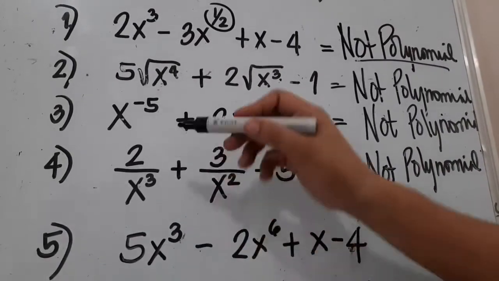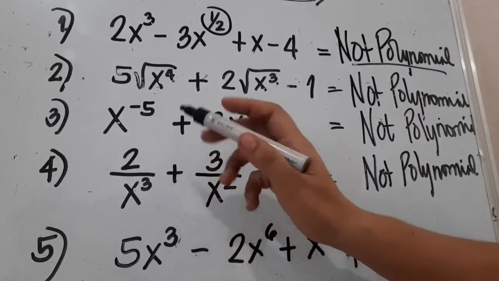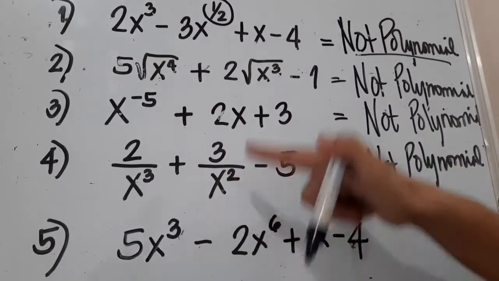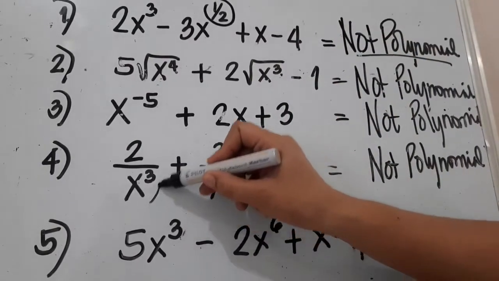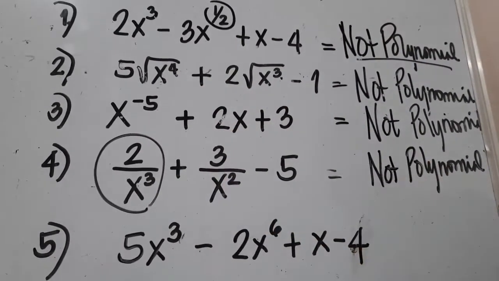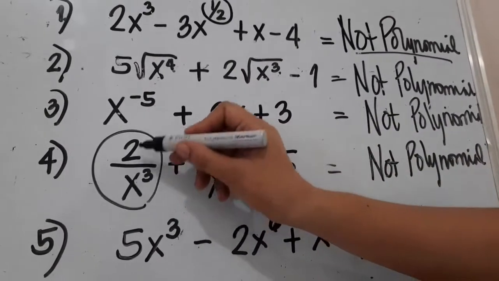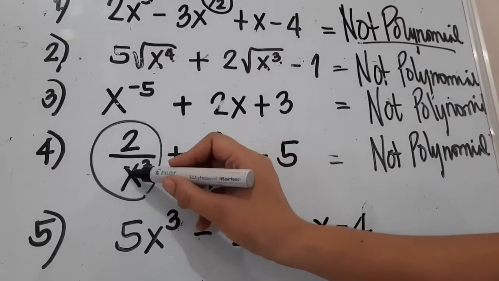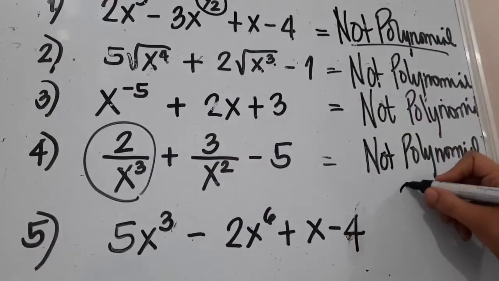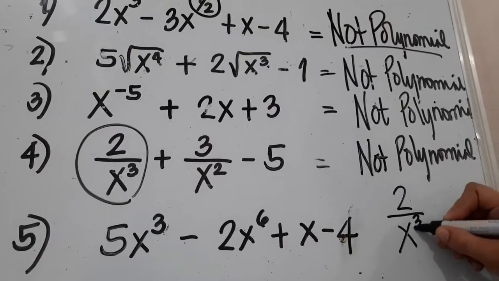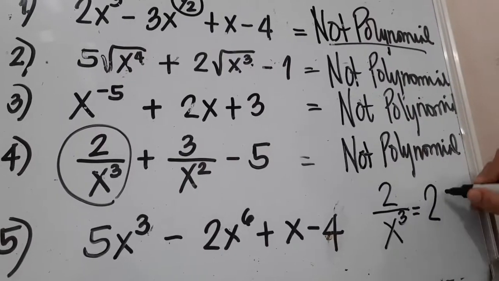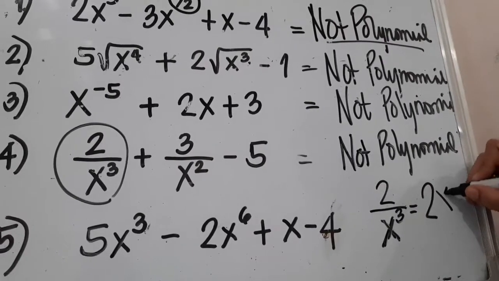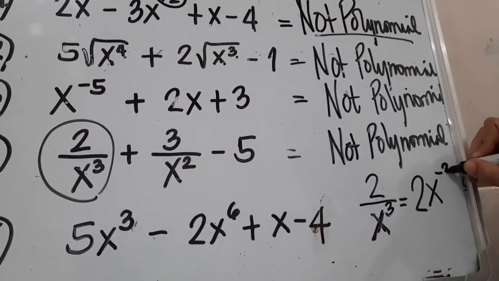It's because I told you the exponent of the variable must be positive. Yes, the exponent of the variable here is positive, but take note, the variable is found in the denominator. Applying the law of exponents, if we bring our x cubed to the numerator, 2 over x cubed will become 2 times x raised to the power of negative 3.